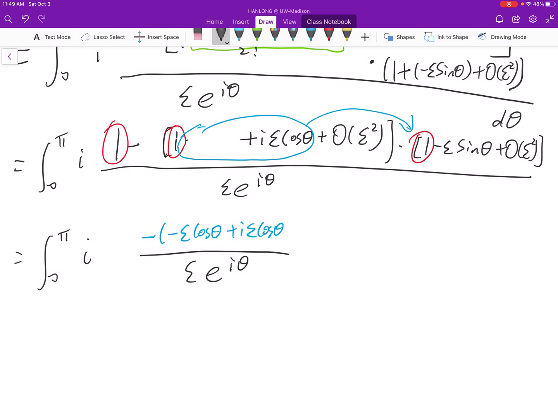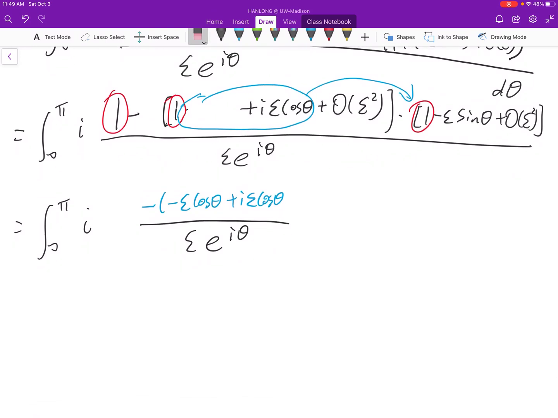Okay, and when you do the product, the blue part gives you negative I epsilon cosine theta, and then here you have the yellow part, negative epsilon sine squared times 1, so you have plus epsilon sine theta d theta.